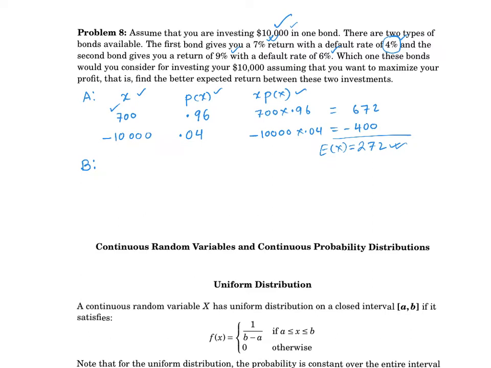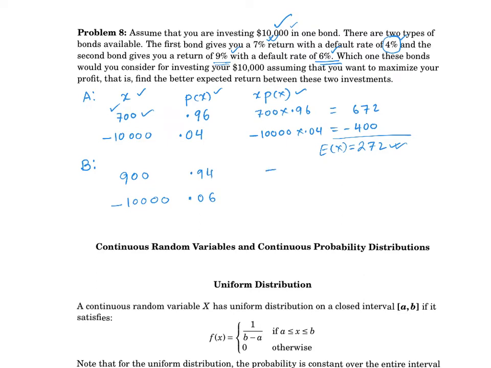And just to give you a quick heads up on how to set it up, the second one gives you a 9% return. So instead of 700, it is going to be 900. The other option is you lose what? 10,000, right? And what are your chances of losing 10,000? The default rate is 6% or 0.06, right? So the other option is you do not lose 10,000, you get $900, which is 100% minus the 6% default rate, which is 94% or 0.94.